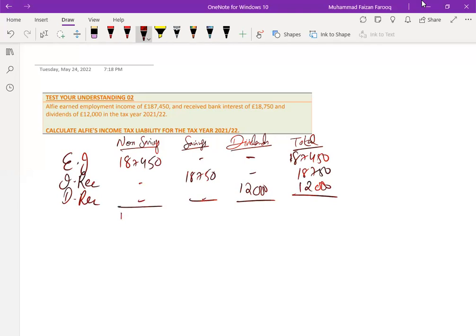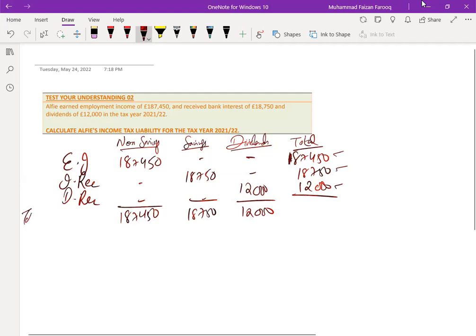Just make the total. How much is the total? 187,450, 18,750, and 12,000. What is the total? 218,200. Correct.